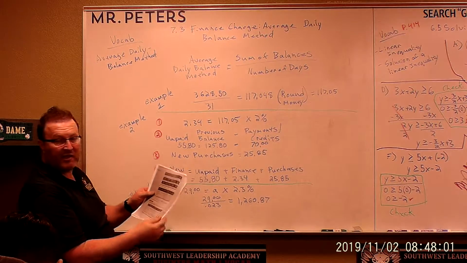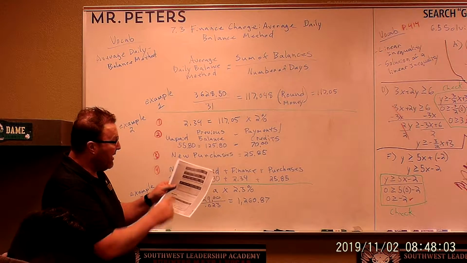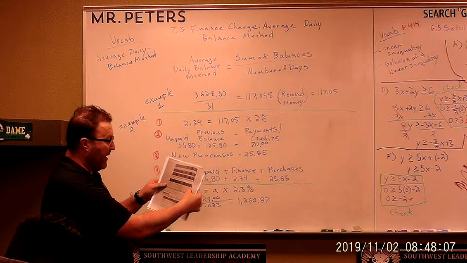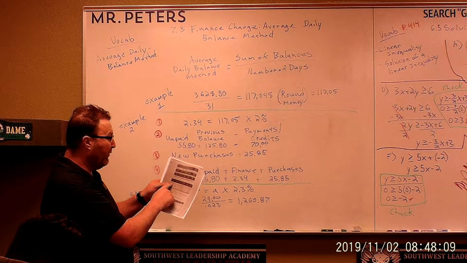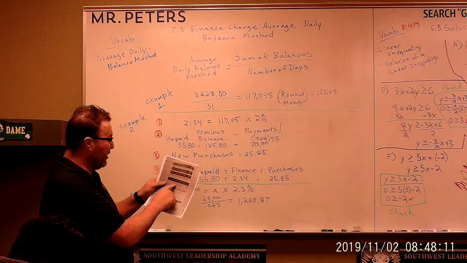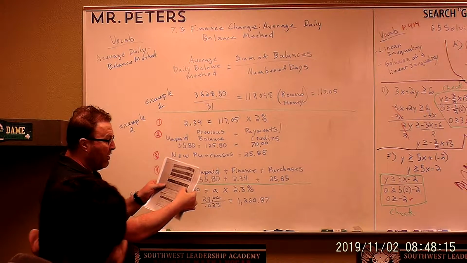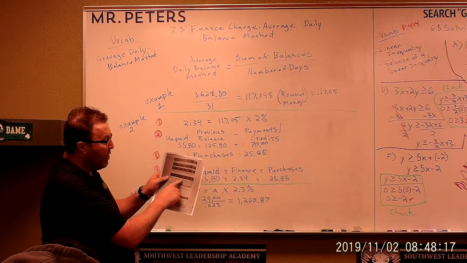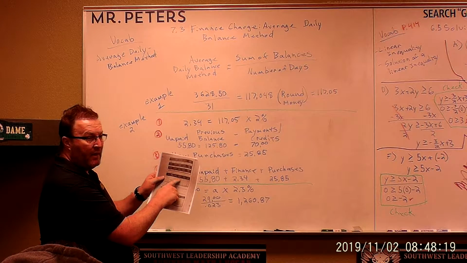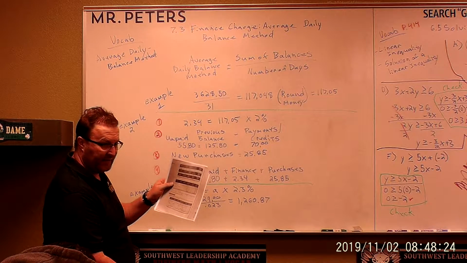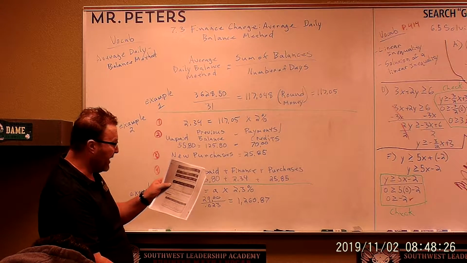Now let me explain what this sum of balances means. From 12/1 to 12/9, it was the same balance. Then on 12/10, they made a purchase that increased the balance to a daily amount of 151.65. Notice that 125.80 at the top was per day times 9 days, so it got that total.